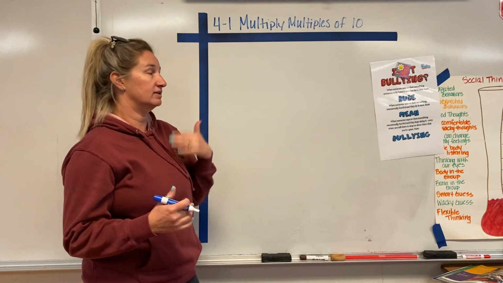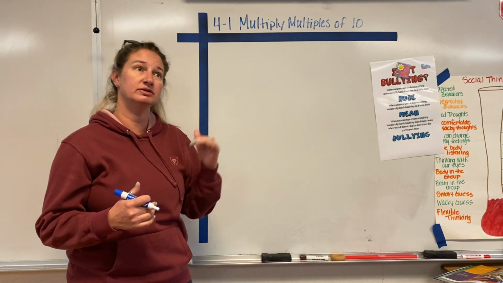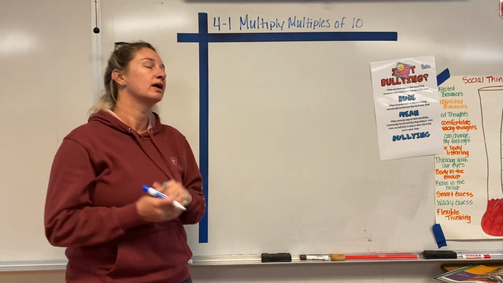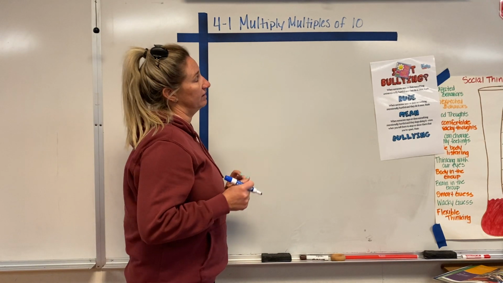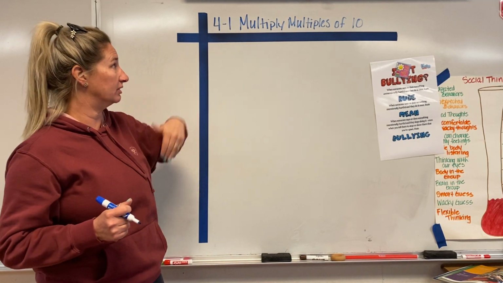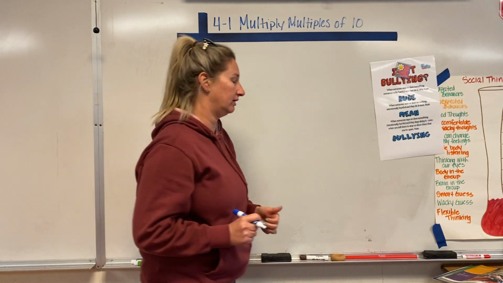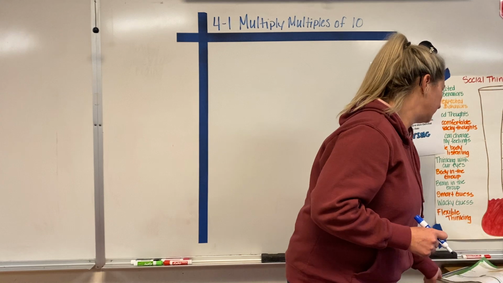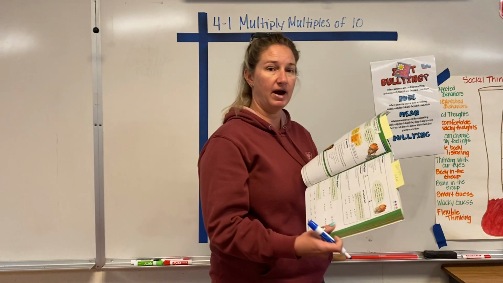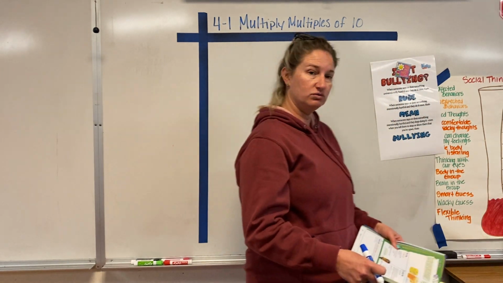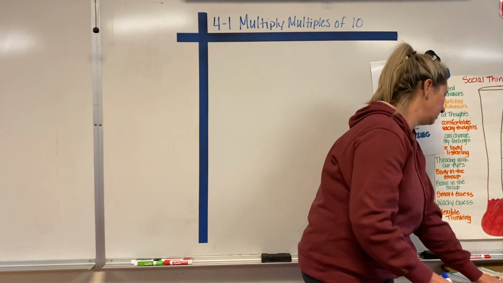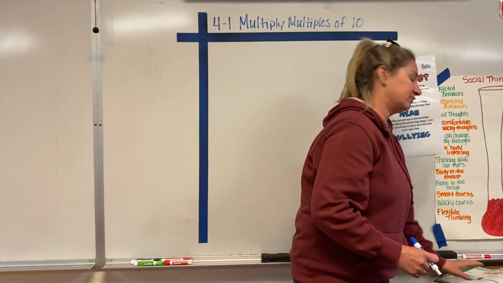Okay, so it's 10 times 1, 10 times 2, 10 times 3, 10 times 4. Those are the multiples of 10. Okay, so we're going to be multiplying two multiples of 10 together. If you open your practice book up to page 130, your math book, that's where I'm going to start.